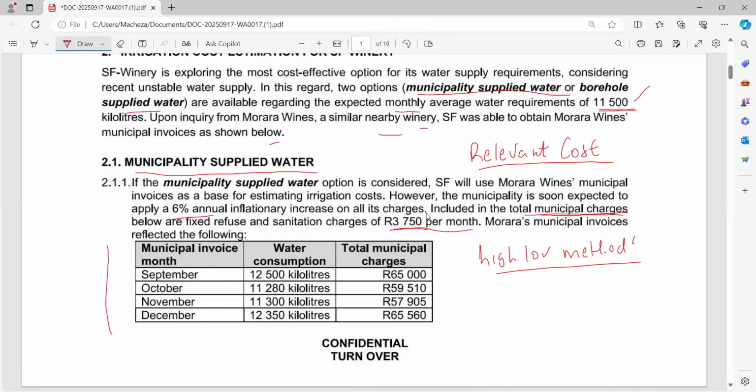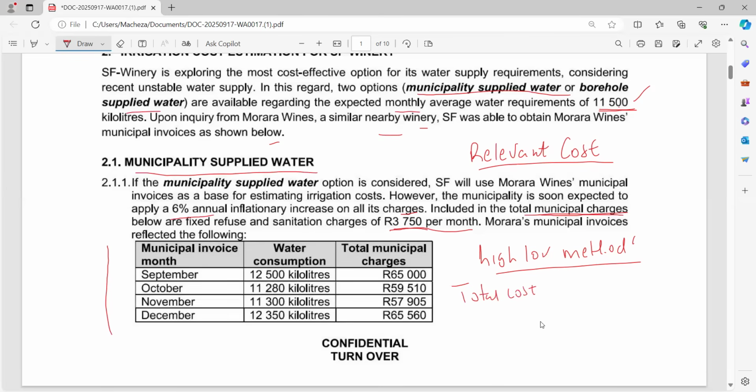I think this one applies to all charges, which means even the fixed charges are going to increase by 6%. So the first thing you do is split between the fixed element and the variable element, because the total municipality charges is going to be your total cost.